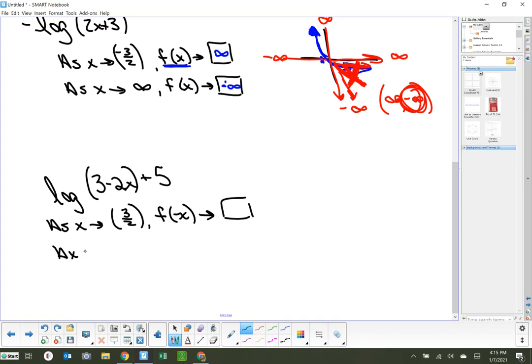And as x goes towards, this time it's negative infinity. Again, as x goes towards negative infinity, f of x. So we're not always going to infinity here. Sometimes we'll go towards negative infinity. Where is that one going? All right, so log 3 minus 2x plus 5.